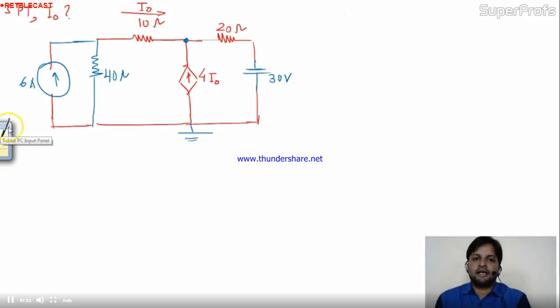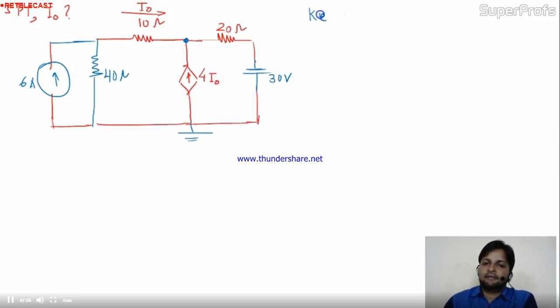Is it okay? Now our task is, we'll keep the 30 volt source and turn off the 6 ampere source.